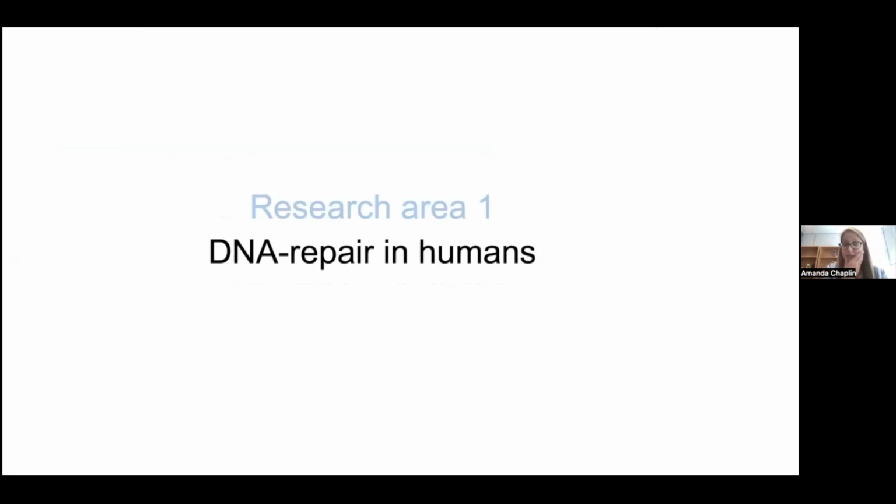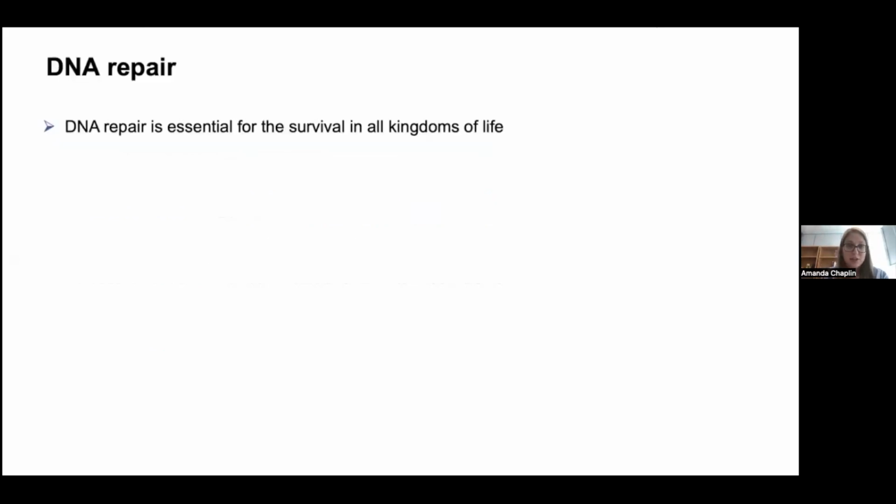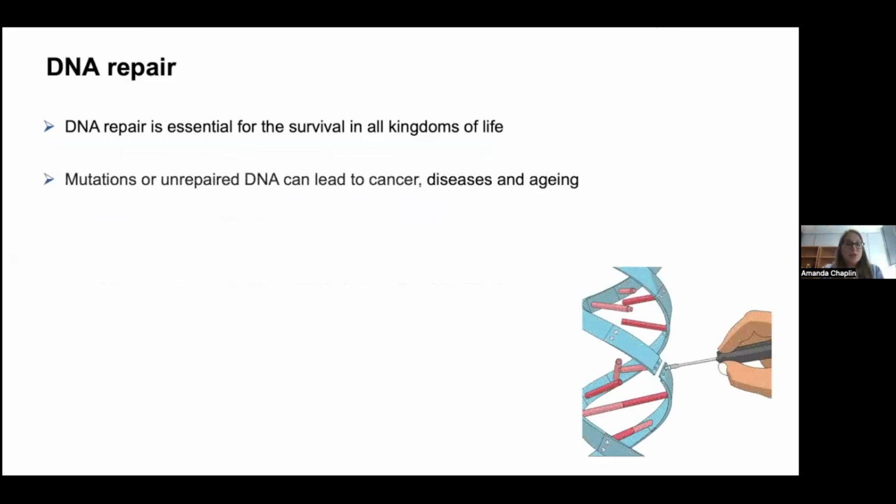So as I said, my research area 1, which is my main research area, is DNA repair in humans. As I'm sure many of you know already, DNA repair is essential for survival of all kingdoms of life. So the problems come when you get mutations or unrepaired DNA, and this can be a really big problem because it can then lead to cancer, diseases, and aging. So your DNA can be broken in many different ways, and you can have lots of different types of DNA damage.